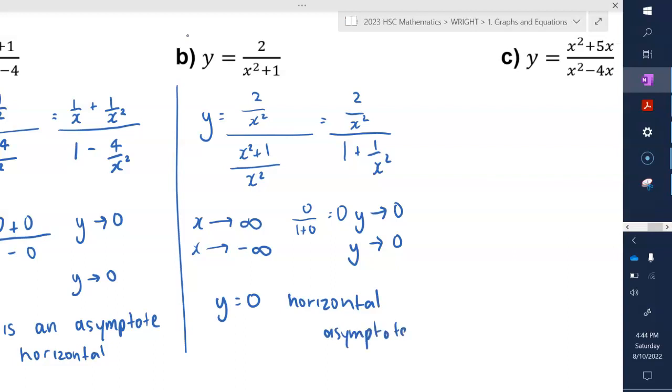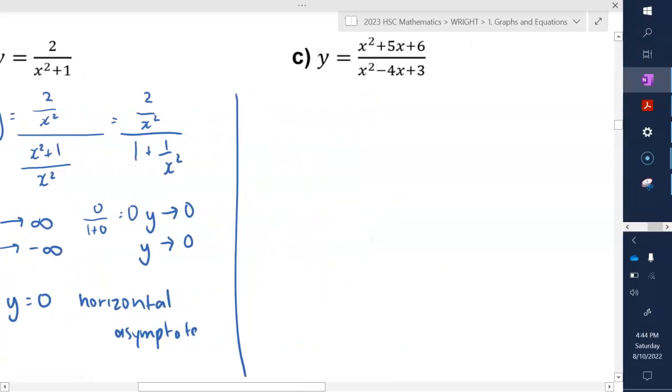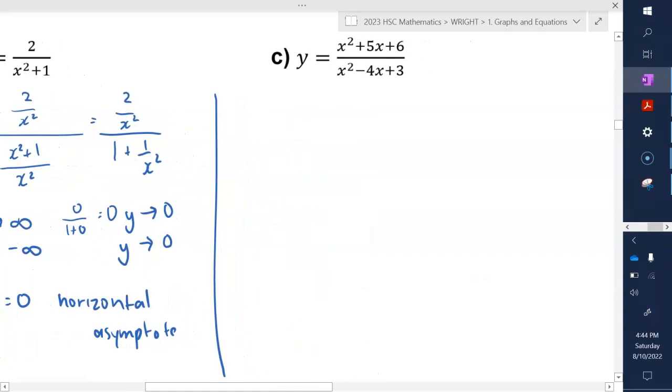And I'll have a look at C, and then we might actually have a go at drawing a tricky graph as well. Okay. Over here, let's have a look at the horizontal asymptotes. Again, we're dividing through by the highest power of the denominator, which is x squared. So we're going to do that for the top and the bottom. I'm going to go straight off and write it as x squared over x squared on the top, plus 5x over x squared, plus 6 over x squared. That's our top line.